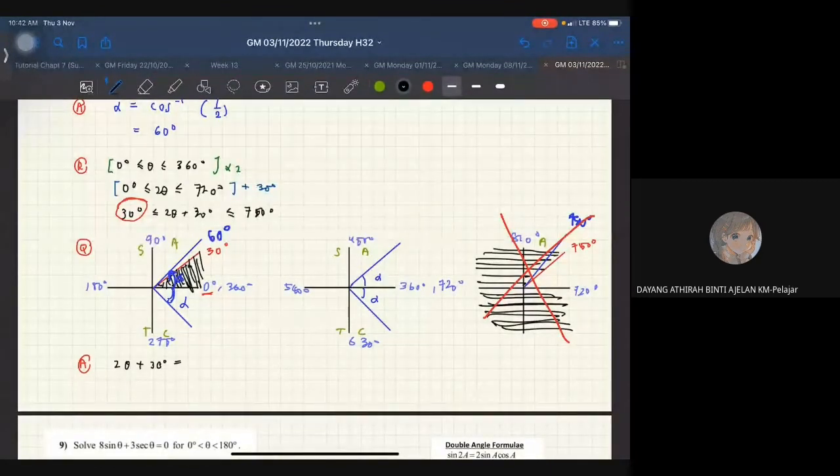Okay, so untuk the first value guna warna orange. Okay, so this one. So for the first value, kita nak cari daripada sini sampai atas ni berapa.